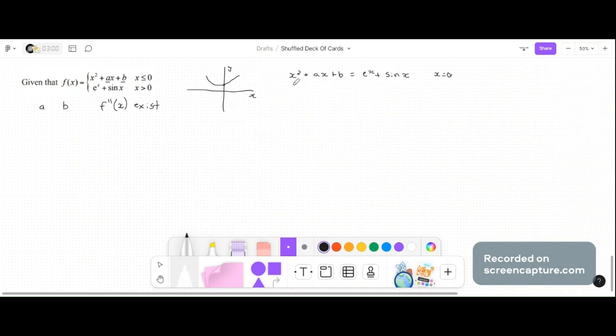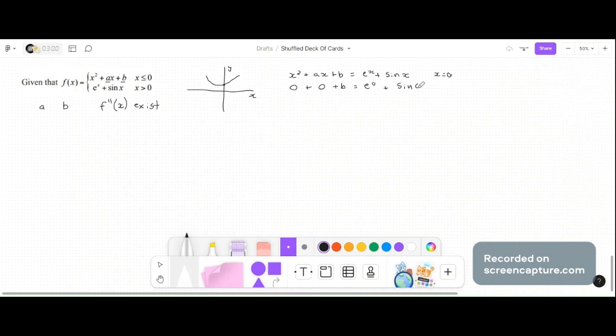So we're going to get 0 plus 0 plus b equals, so the x just made, when x equals 0, they're just going to go to 0, sorry. E to the 0 plus sine of 0.